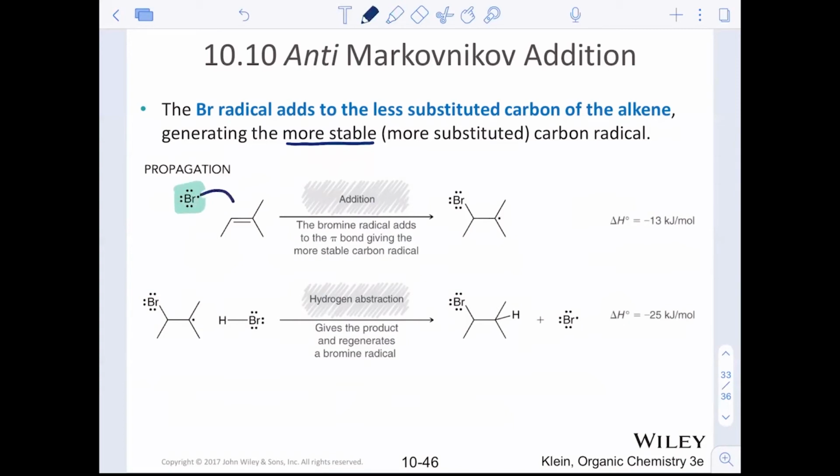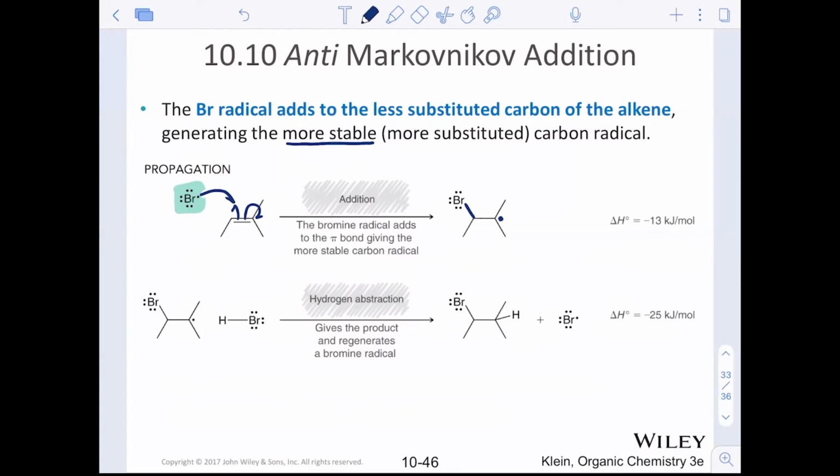So when that bromine radical goes to add onto the pi bond, we still will make the more substituted carbon gain the radical, similar to how we saw the carbocation being put on the more substituted center. Notice that radical is on the more stable side, the more substituted side. Bromine gets added to the less substituted side.